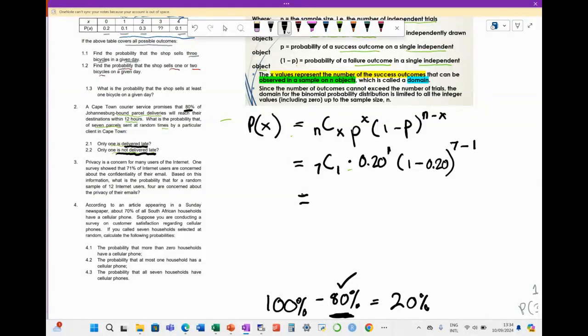Can you sit next to her so that you can at least do it together? That way when she gets home, it's not all starting from scratch. So you punch this in. This is my method, you don't have to do it like I do. I go 7, second function, and then 1.